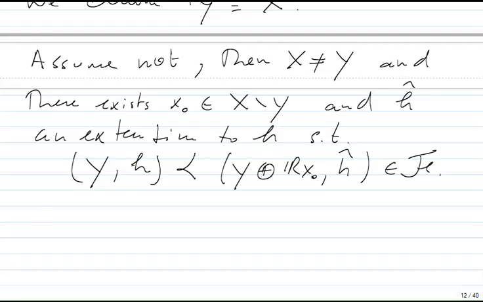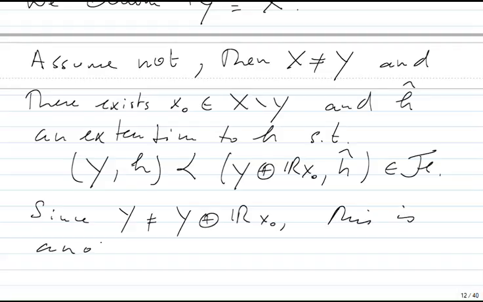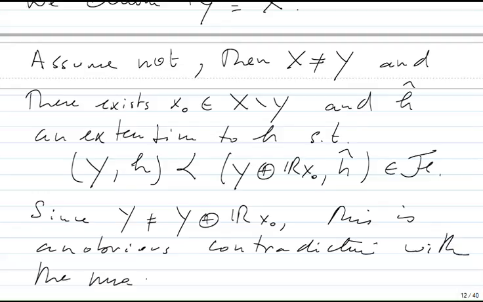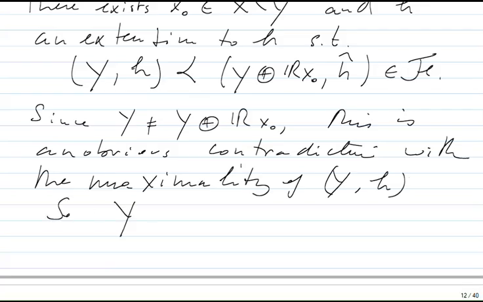And clearly, since y is different from y plus r of x0, this is an obvious contradiction with the maximality of y_h. So clearly then, y is equal to x, and h is just the f hat we're looking for.